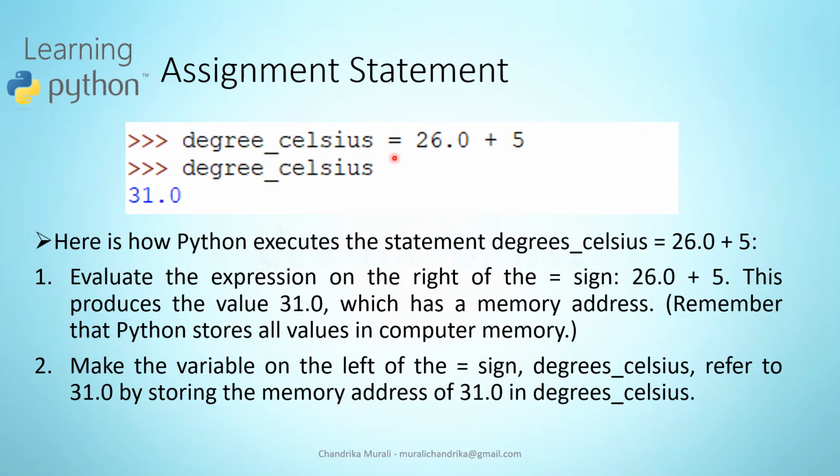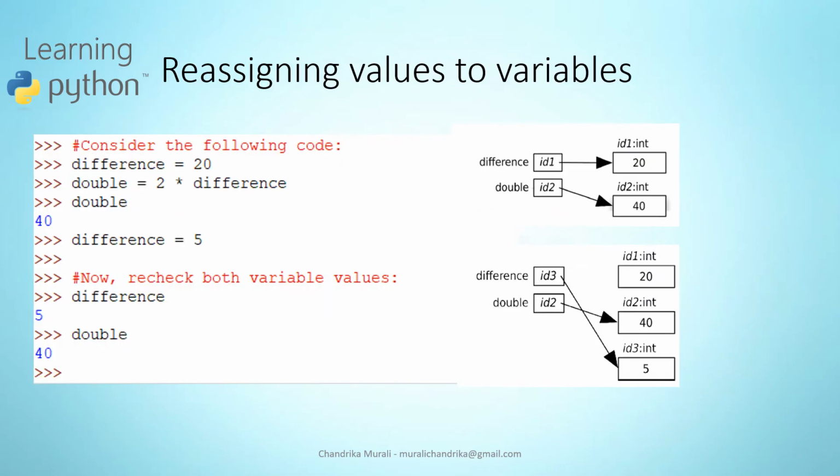So here the expression has to be evaluated. 26.0 plus 5 is 31.0. This is evaluated, and this result 31.0 is stored in degree Celsius. Later when you type degree Celsius, Python will give you the result 31.0. You can type these things in the Python shell and practice.